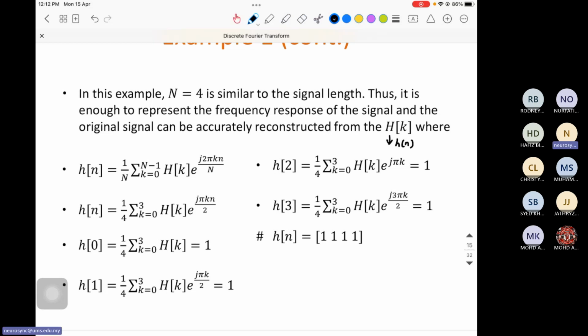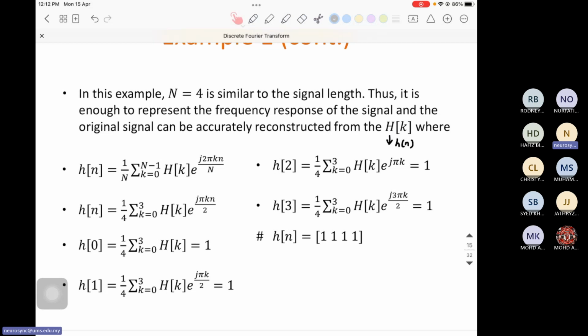For that, you need to apply this IDFT formula. So I can get h of n from H of k with this: 1 by N summation of k over 0 to N minus 1, e to the power plus j 2 pi k n by N.